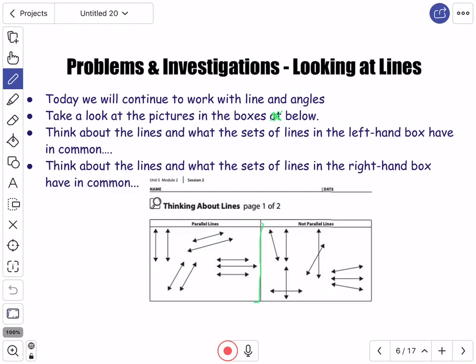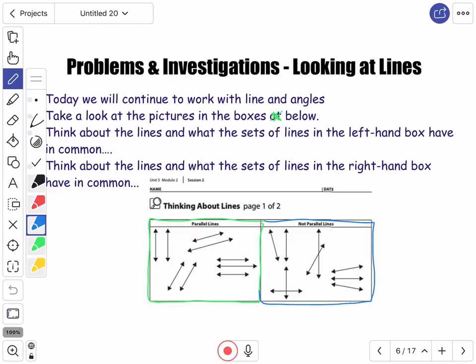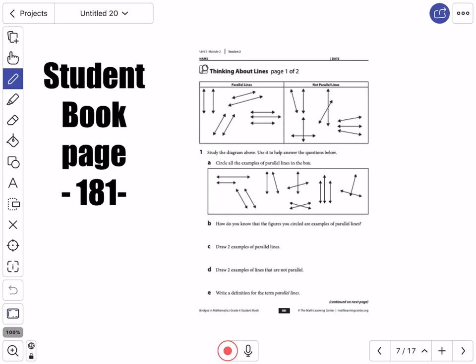All right, so today we're going to continue to work with lines and angles. So take a look at the pictures in the boxes below. Typo, sorry about that. Think about the lines and what the sets of lines in the left-hand box have in common. And then think about the set of lines in the right box and what they have in common.